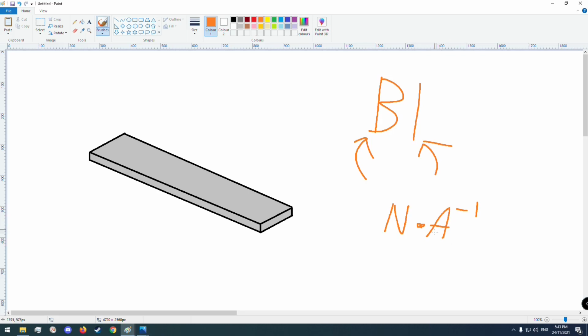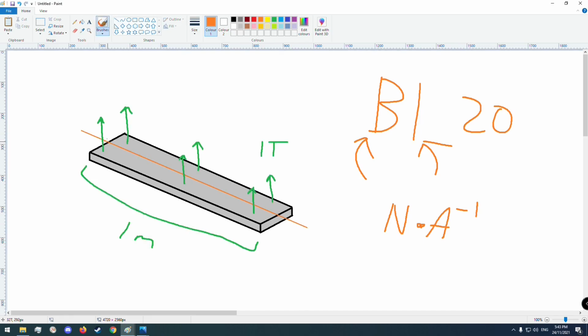So for example, if you had a BL of 1, when you put 1 amp through a 1 meter long wire in a 1 Tesla magnetic field, you'll get 1 Newton worth of force out of the wire. And by the way, if the current is flowing in this direction, the force will be pushing across the magnet towards us. Now, of course, the higher the BL, the more strength a motor has.